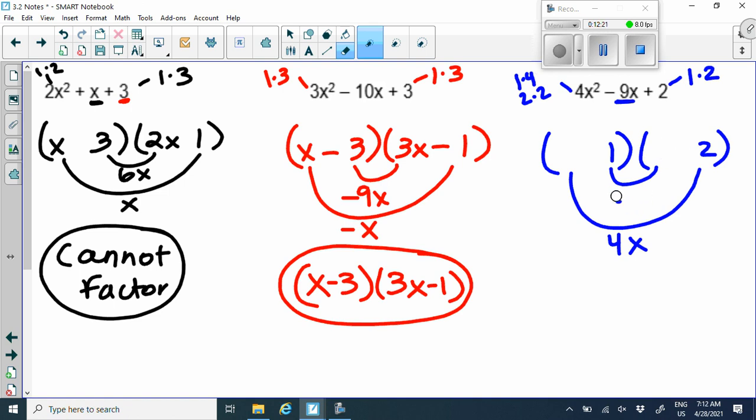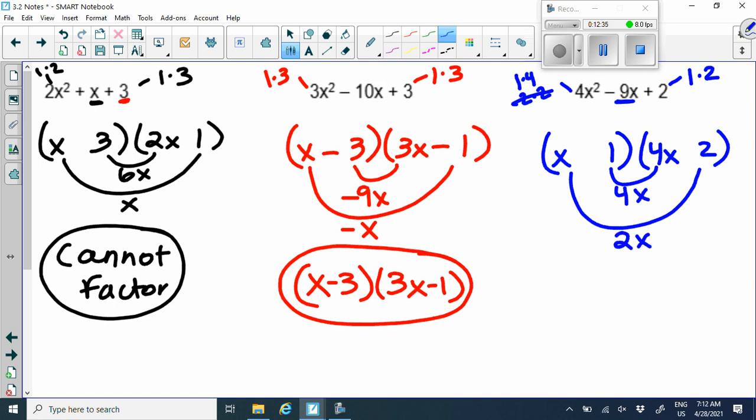So instead of using 2x and 2x, I'm going to use 1x and 4x and see if that works. So we have 1 times 4x to give us 4x, and x times 2. Once again, that doesn't add up to the negative 9x. So let's switch the 1 and the 4x.